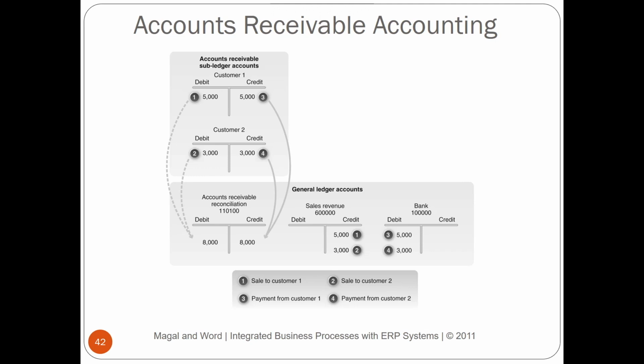So in this case, the accounts payable reconciliation account and the accounts receivable reconciliation account do not track the details of the transaction. But when the payment is made, the bank is debited and the appropriate customer account is credited. At the same time, a corresponding automatic credit is put into the accounts receivable reconciliation account.